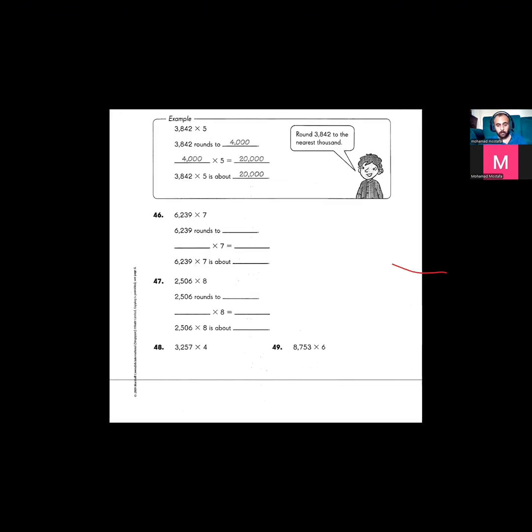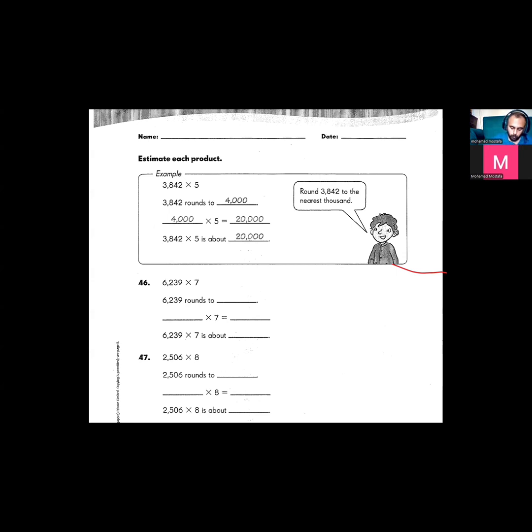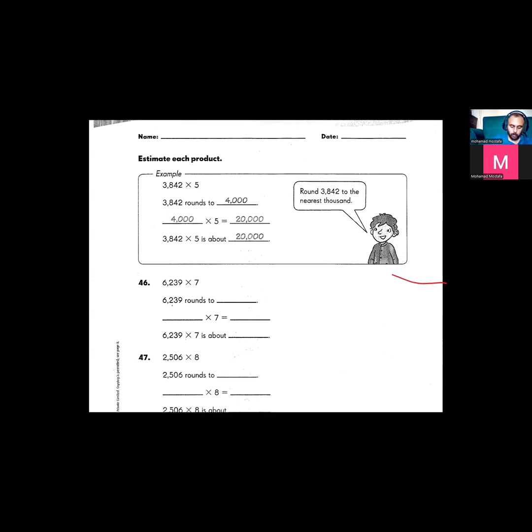Here again he gives me 6,239 times 7, and he tells me to estimate. 6,239 rounds to, before 6 I have 2, and 2 is a poor number, so 6,239 is rounded to 6,000. 6,000 times 7.